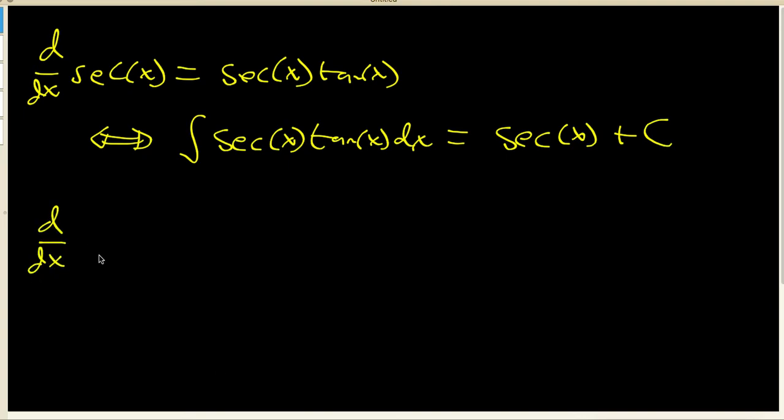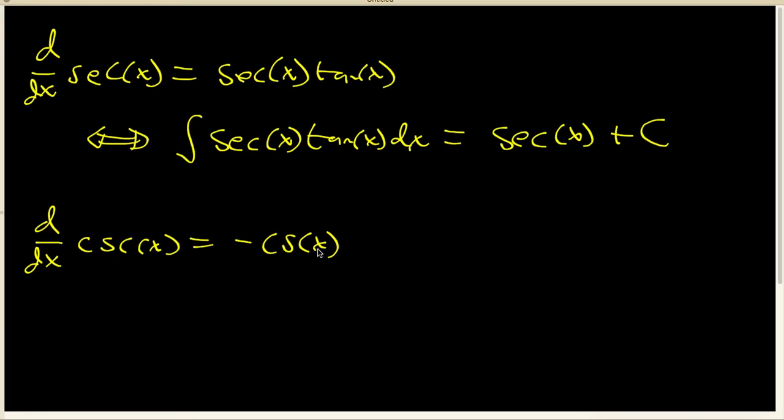And finally, the derivative of the cosecant of x is minus the cosecant of x times the cotangent of x.